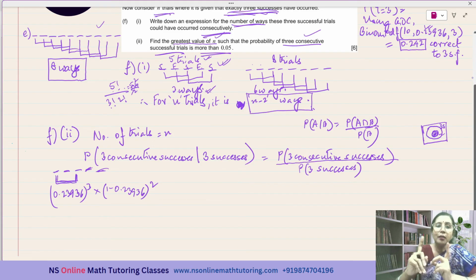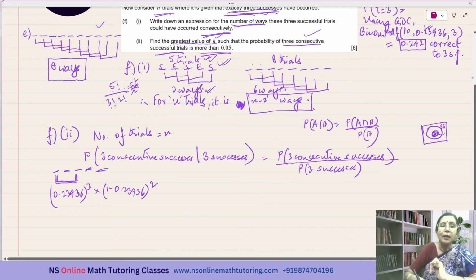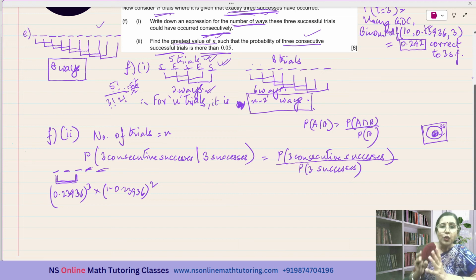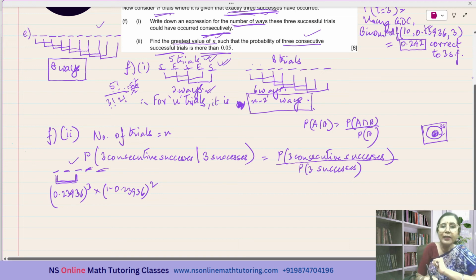And how many ways can we have 3 consecutive successes in 5 trials? It is 3 ways. So this is just one condition. I have to multiply this with 3 because the probability will be the same. If I take 1, 2, 3, 4, 5, and if I take these 3 as 3 successes, again these 3 will be contributing to this part, and these 2 will be contributing to this part.